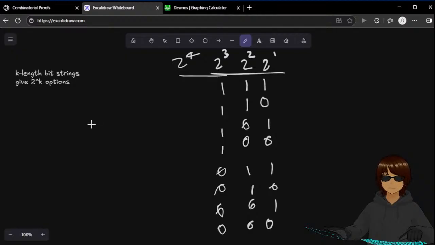Now, for 4 length bit strings, I have 2 to the power of 4 combinations.